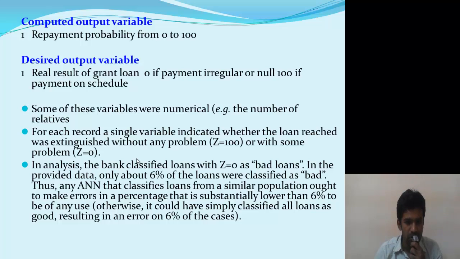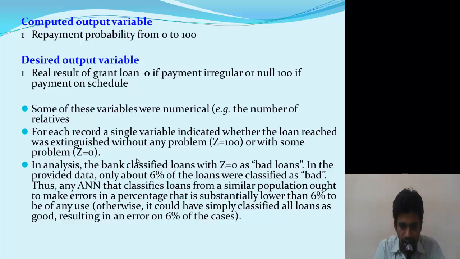For each record, a single variable indicated whether the loan was extinguished without any problem, z is equal to 100, or with some problem, z is equal to 0. In the analysis, the bank classified the loans with z equal to 0 as bad loans. In the data obtained from the net, only 6% of the loans were classified as bad.